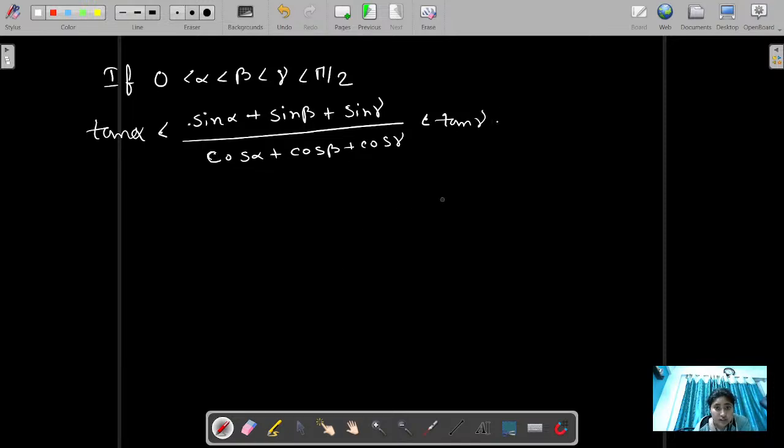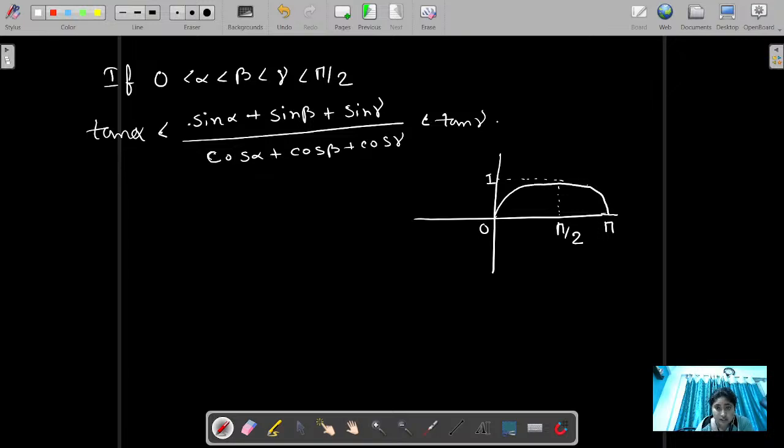So see, all of you know how the graphs look between 0 to, suppose pi by 2 is here. The graph of sine theta looks like this, right? Here suppose this is pi, this is pi by 2, and this is 1 unit.